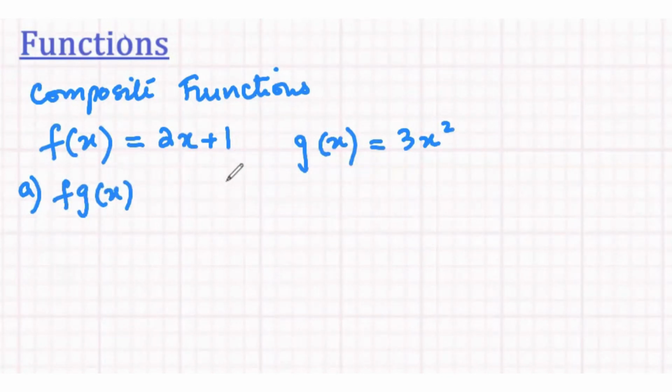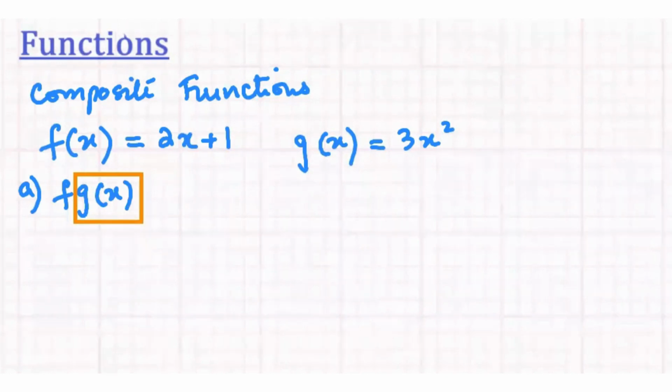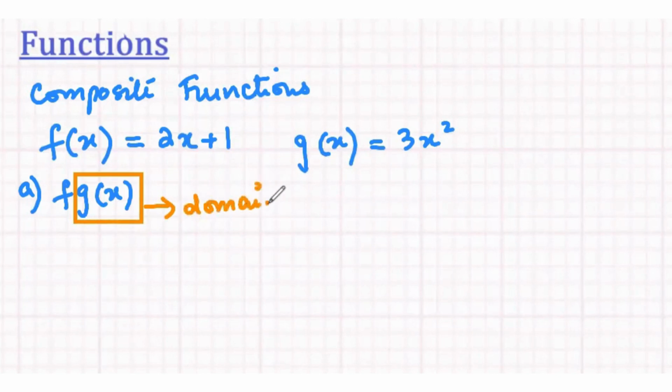If they're asking you to find f of g of x, you need to remember that the second function, which is g of x, is now your domain of f of x. By that, what I mean is that I'm going to replace x with g of x.